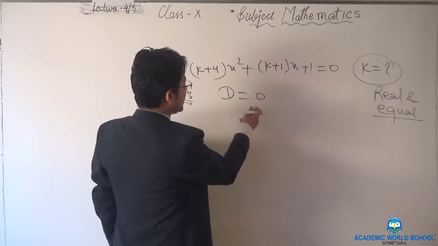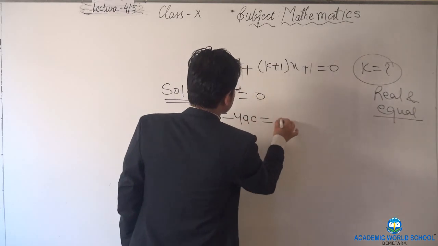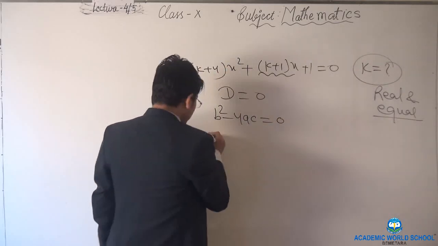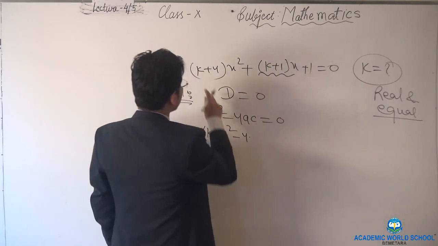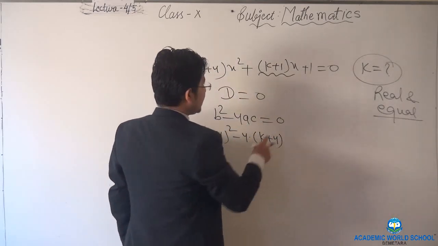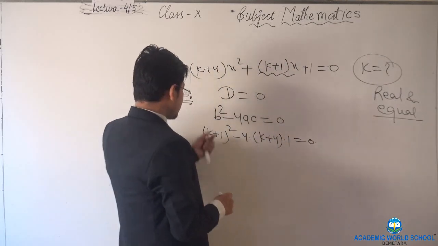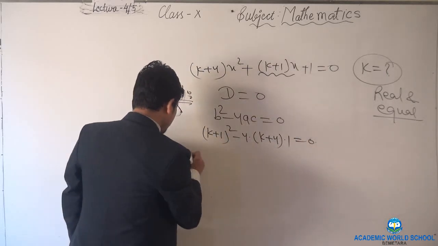So if D is equal to 0, then b square minus 4 into a into c is equal to 0. Now what is the value of b? That b is k plus 1. K plus 1 whole square minus 4 into a, a is k plus 4, and c is 1, is equal to 0. So we just have to solve this.